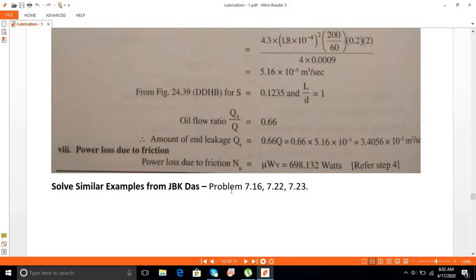So these three applications can also be discussed, and you refer to 7.16, 7.22 and 7.23 to understand these types of problems. These types of problems will occur in your exam.